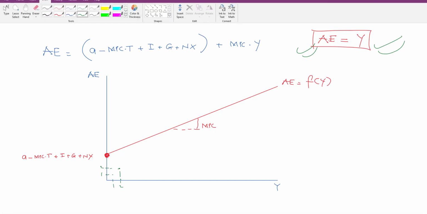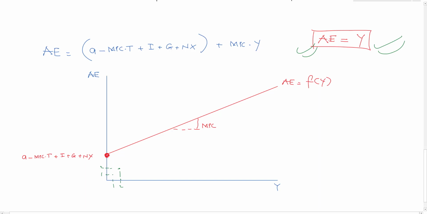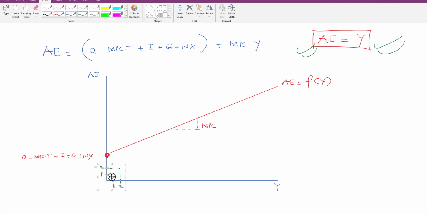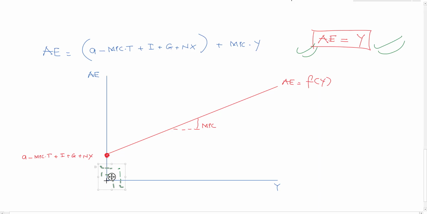This line is called the 45 degrees line, in the sense that we know that the angle here measures 90 degrees, and we're going to divide it in two using that line. And when you divide it in two, what you get is 45 degrees. So this is a line such that AE is equal to Y.